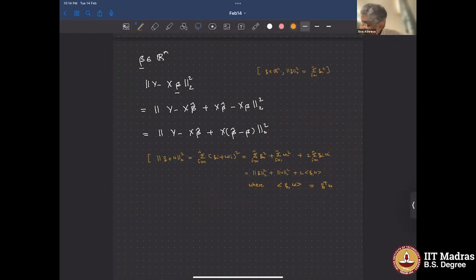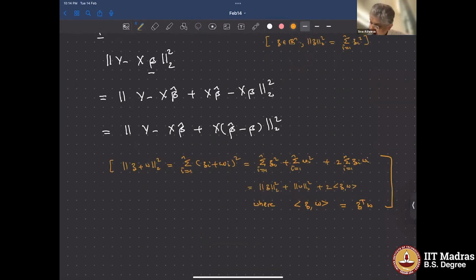So we have this fact from linear algebra, which holds for any two vectors Z and W in R^n.